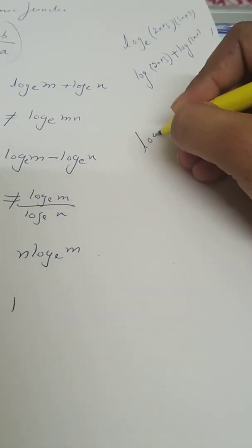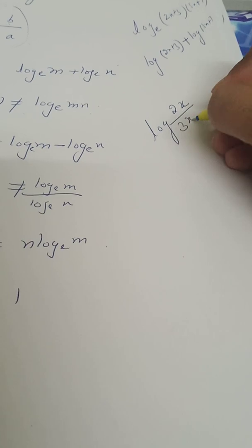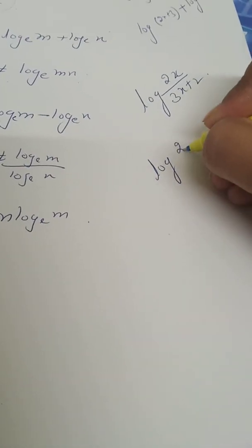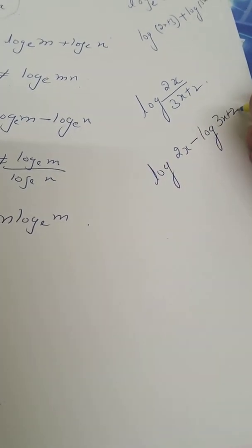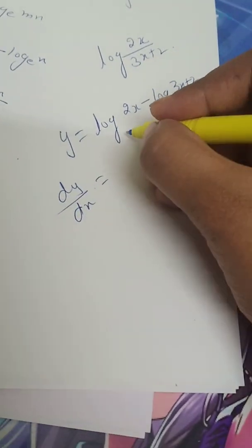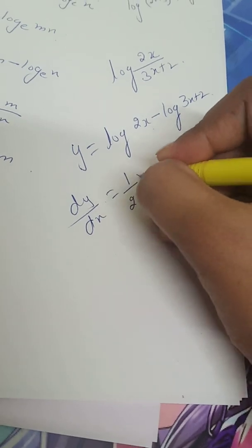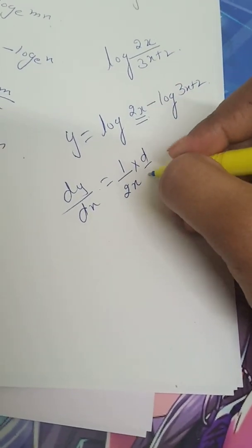Suppose log of 2x upon 3x plus 2 is given, then we can write it as log 2x minus log (3x plus 2). And then afterwards we will take the derivative. dy upon dx equal to log 2x. What is the derivative of log 2x? Firstly 1 by 2x, then the derivative of 2x. What is the derivative of 2x?